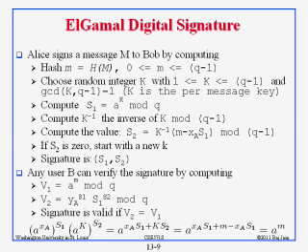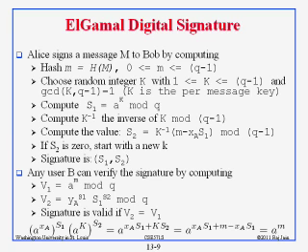This is your secret, and now you generate a public number from that. So S1 is equal to A raised to K mod Q. So this is a public number S1. In fact, S1 is what we are going to send as part of the signature, and it is all derived from that random number K that we generated, A raised to K mod Q.